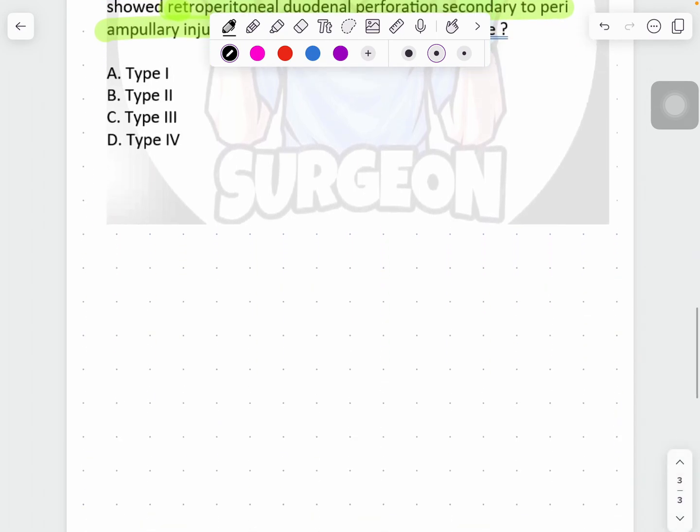Okay, so the first thing is that we need to know what's the most common cause for small bowel perforations. In olden times it used to be duodenal perforation, and it was due to peptic ulcer disease.